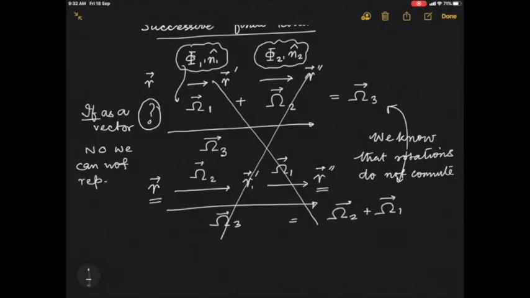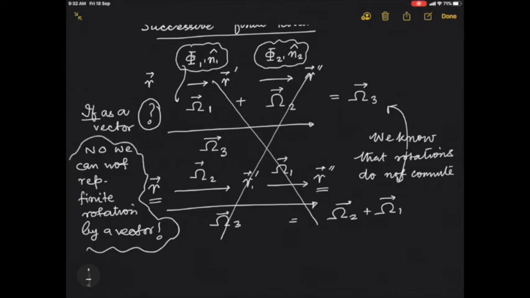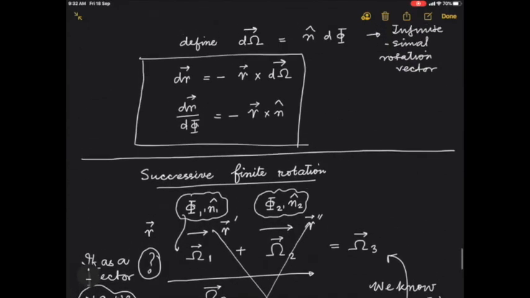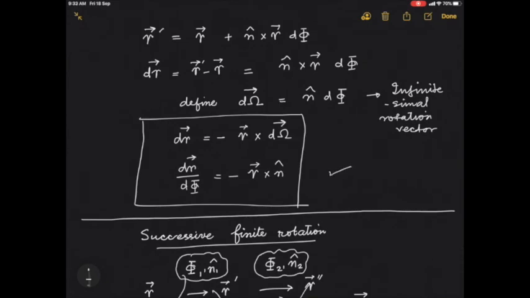Which means we cannot represent a finite rotation by a vector. That's why we used a more complex thing called a matrix to represent the finite rotation.